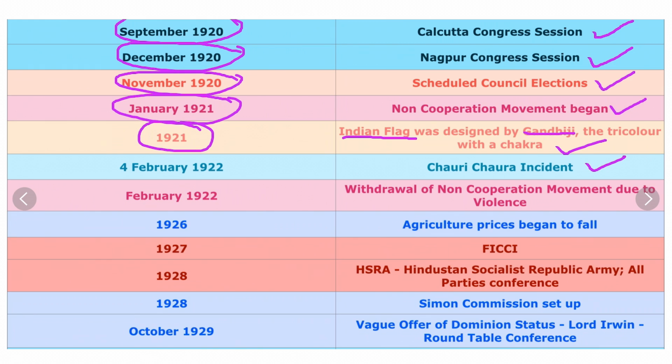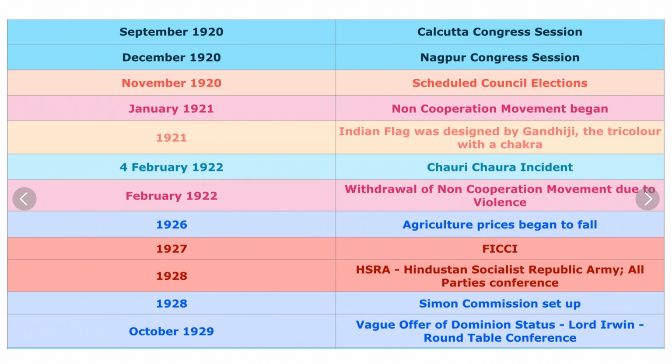This was the Chauri Chaura incident of 4th February 1922. Thus, to prevent further violence, it was decided to withdraw the movement in February 1922. In 1926, as an effect of Great Economic Depression, agricultural prices began to fall and collapsed in 1930.